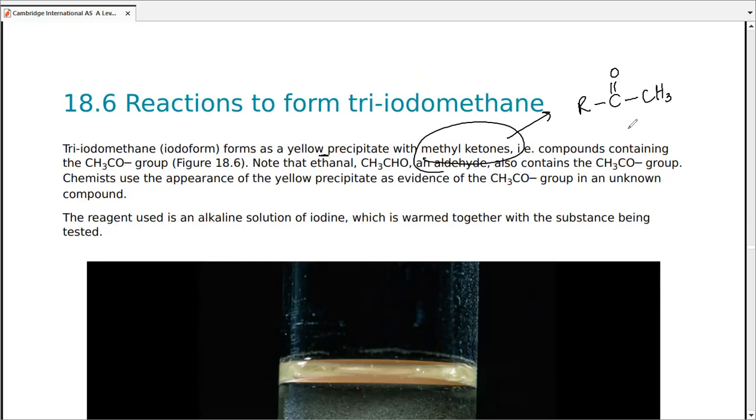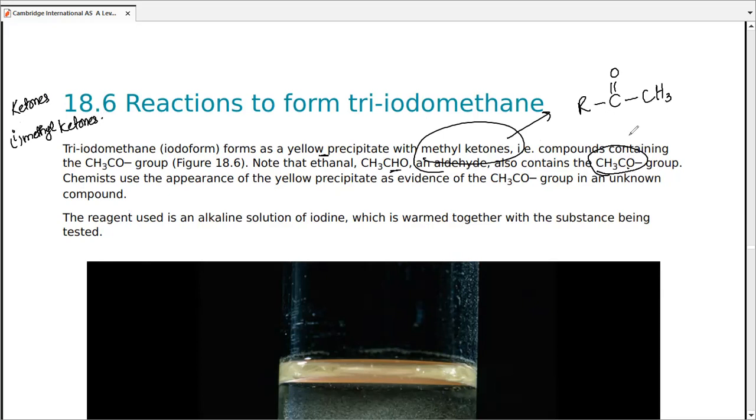So this test is good for ketones if the ketones are methyl ketones. All other ketones are not going to give you this test. All right, so that's the first broader category that this test comes out positive with. Among all aldehydes, ethanal is the only aldehyde which consists of this group.